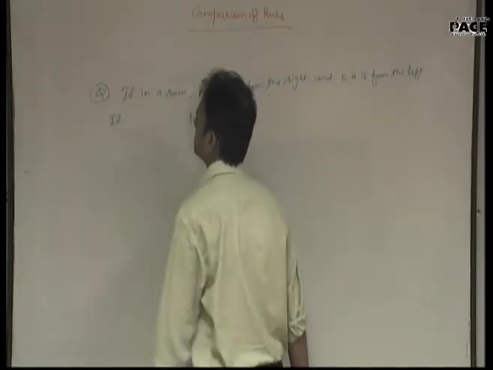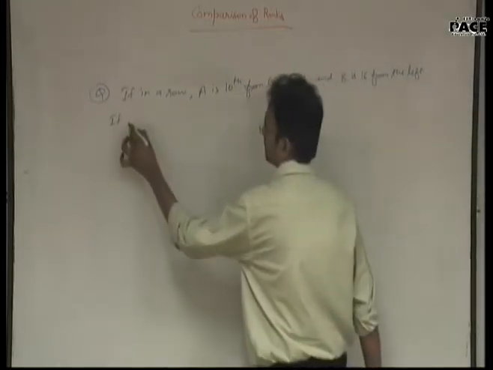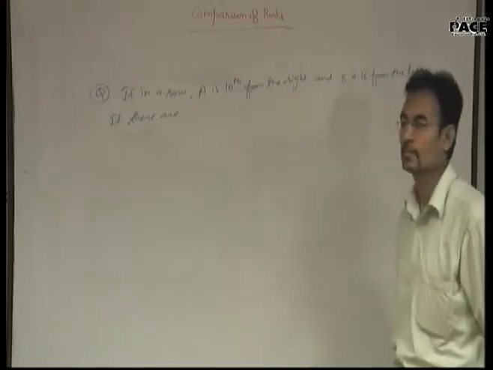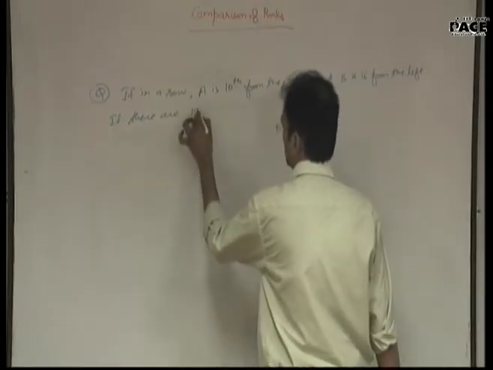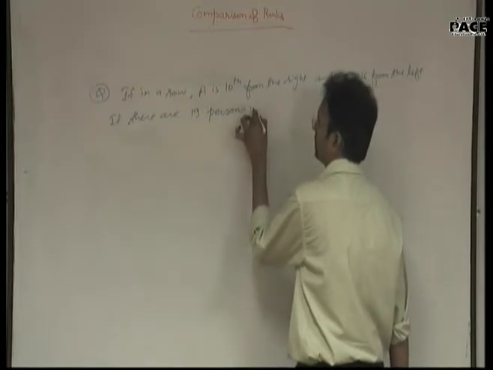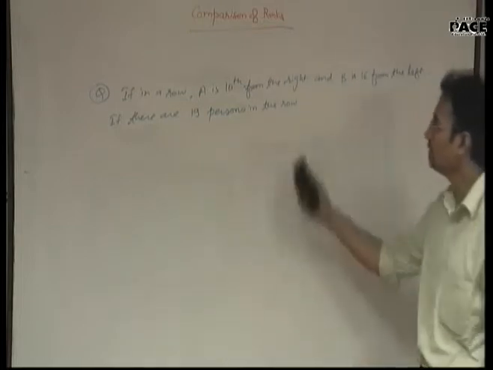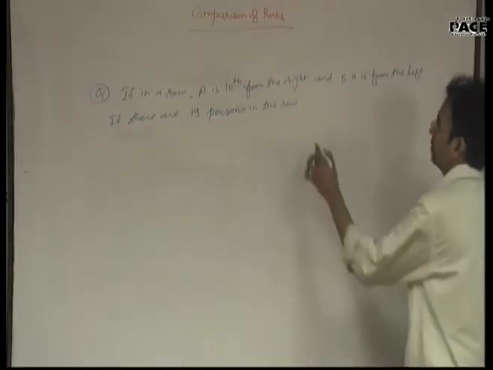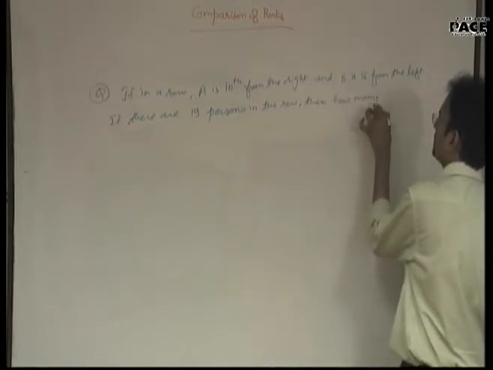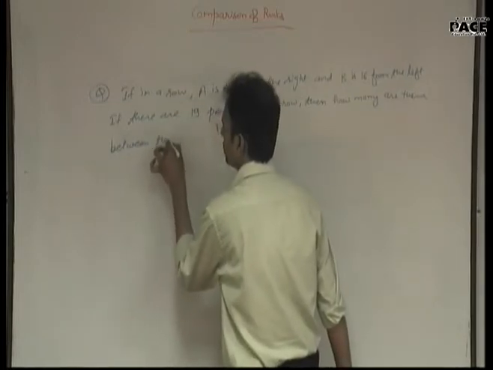If there are 19 persons in the row, then how many are there between the two?